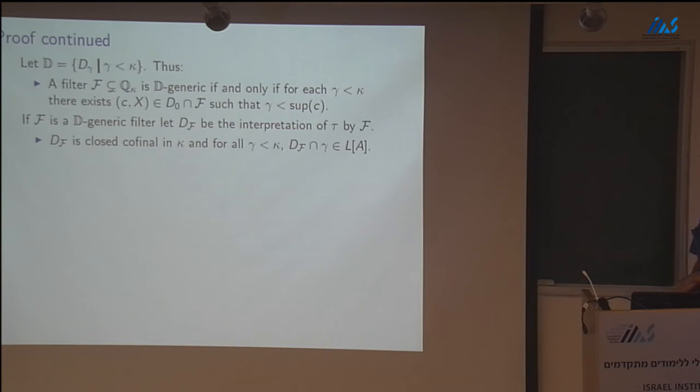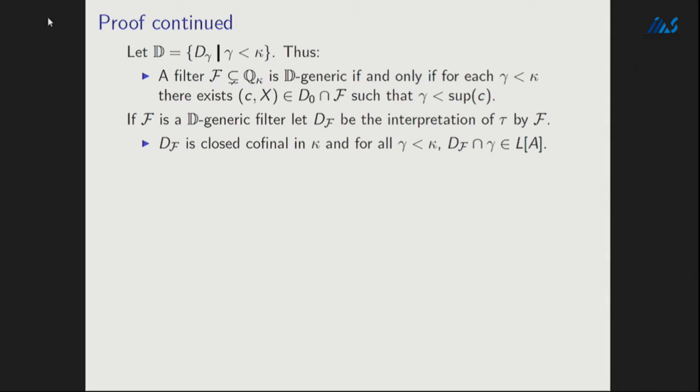We have gamma many dense sets. We'll say a filter is D-generic if it meets all of these dense sets. If F is a D-generic filter, then we let D_F be the interpretation of tau by F. This family of dense sets is designed so that if F is a D-generic filter, the interpretation of tau has to be club in kappa. So that's the point of this observation.